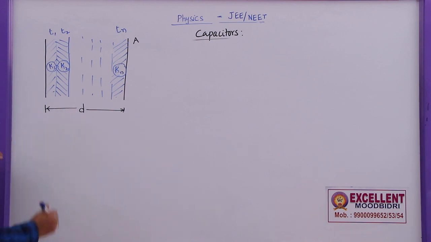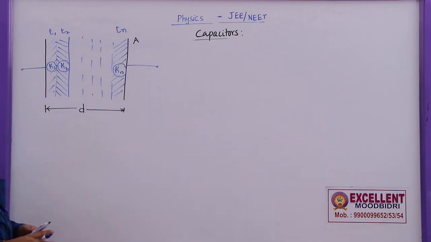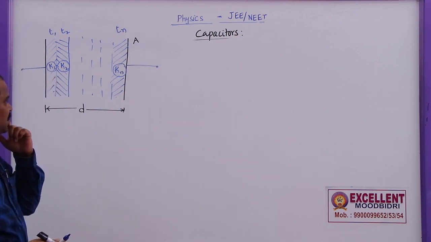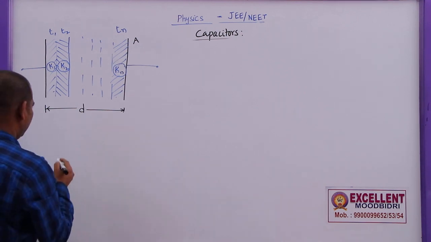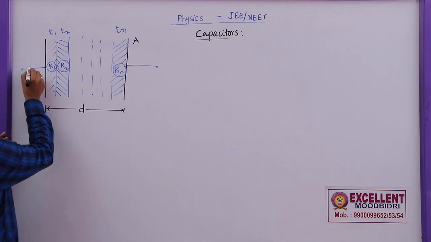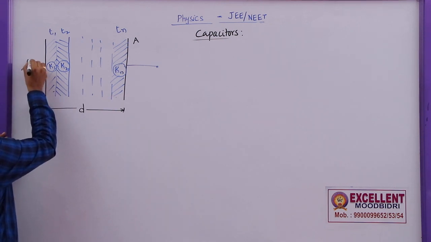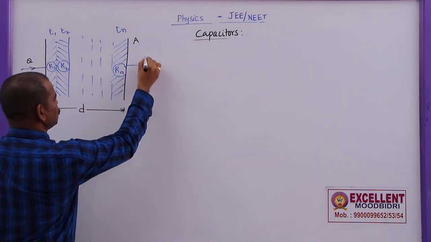So, what is the effective capacitance of this combination? The total capacitance of this combination, first of all, we are going to find out. Now, if you observe this diagram, the charge is entering through this end and leaving through this end.